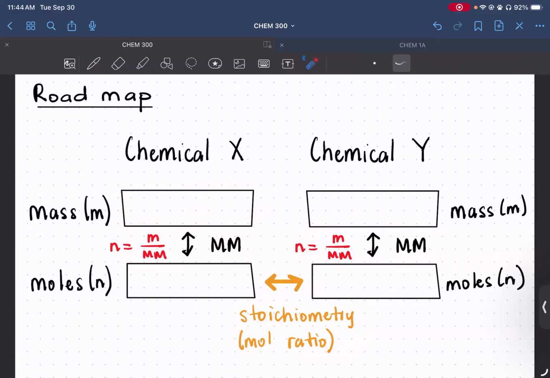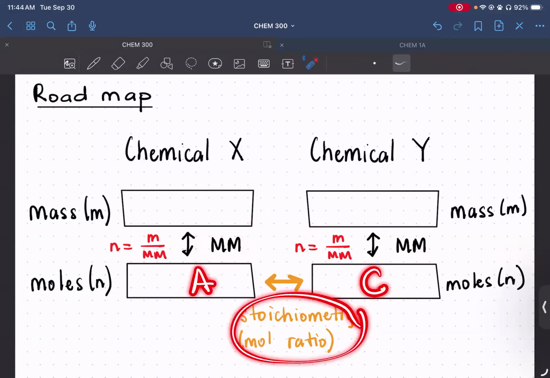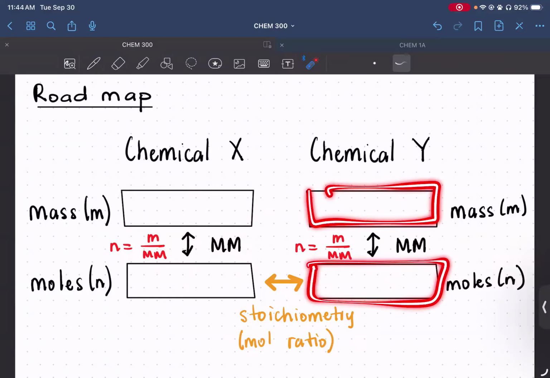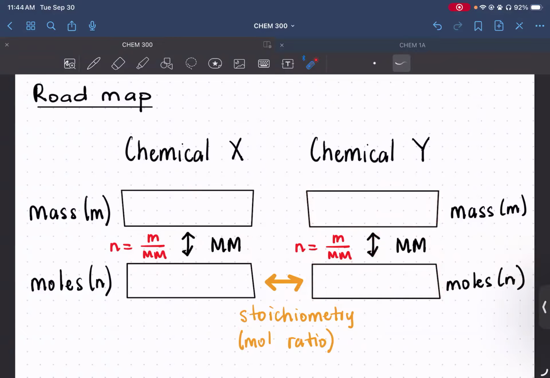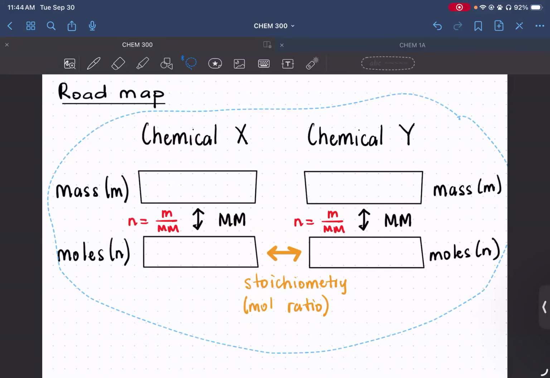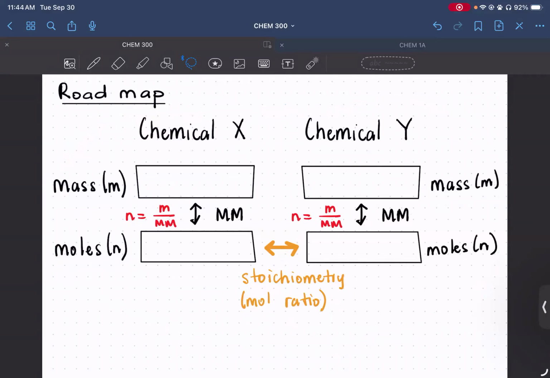In other words, to go from A to B, you need molar mass. To go between A and C, you need stoichiometry. And to go between these two final boxes, of course, is just molar mass. Now, what exactly does this look like? What does this mean? How do we use this? Well, let's find out.